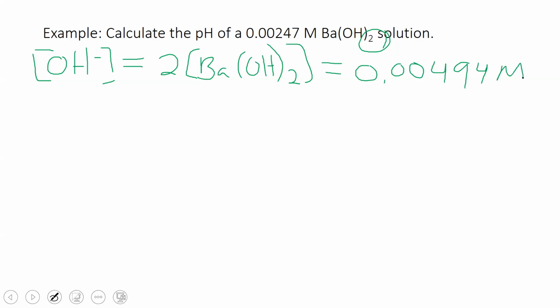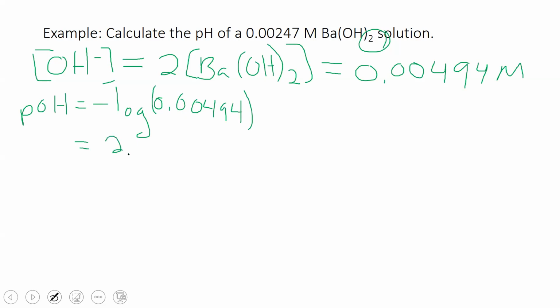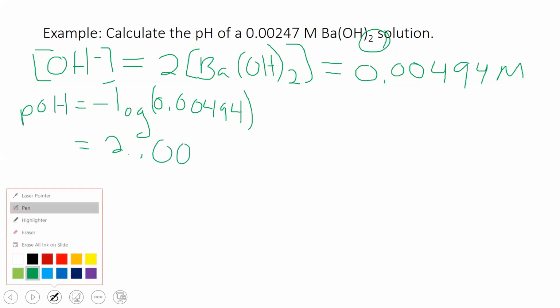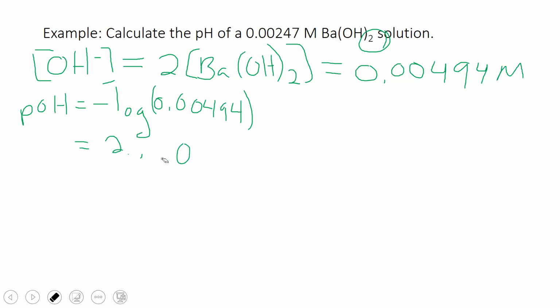And then from there, it's just a matter of doing the same process, right? You can do it either the first way, where you find the pOH is equal to negative log of 0.00494, which is 2.306. Sorry, I was looking at the wrong value.